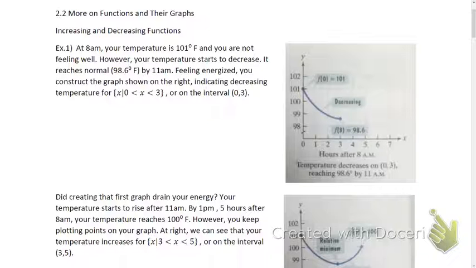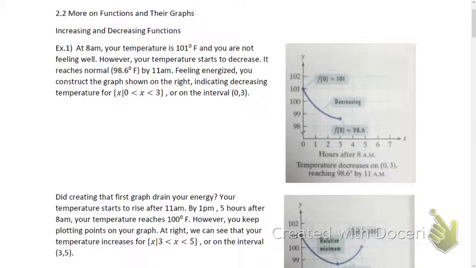So in this example, we're going to analyze a graph, a real-world scenario, using increasing and decreasing descriptions of the graph. We're doing all kinds of analysis on this section, talking about different parts of the graph. And this one talks about a very real situation because typically when you have a high fever, you start graphing your temperature, right?